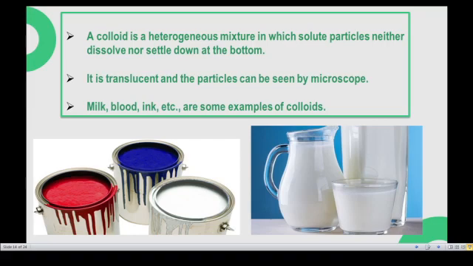It is translucent and the particles can be seen by microscope. For example, milk, blood, ink, etc. are some examples of colloids.